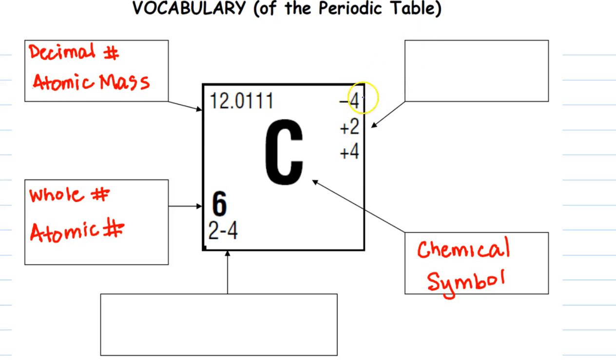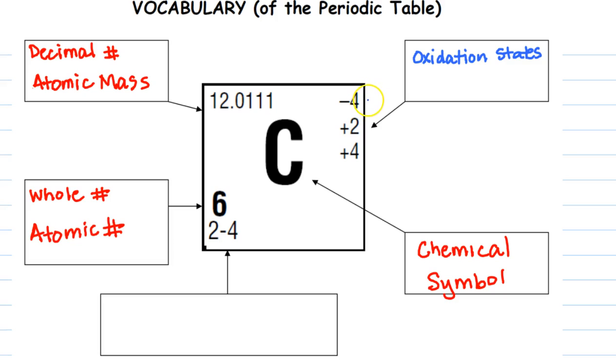This top part, the -4, plus 2, plus 4, this is what's called the oxidation state. They may or may not be written on the periodic table.